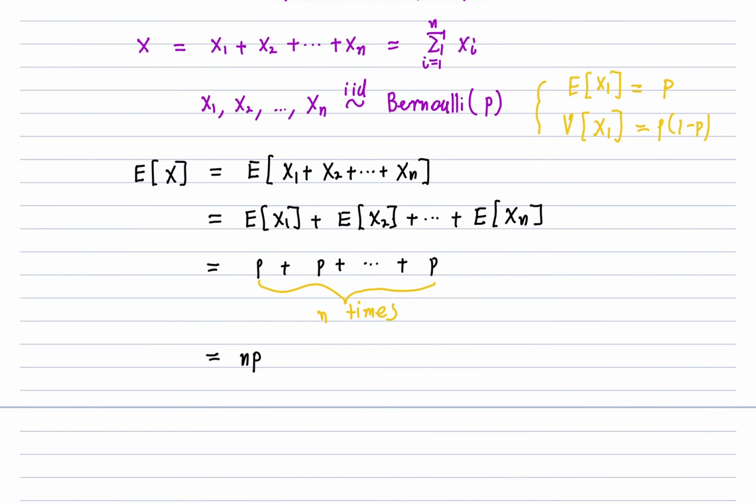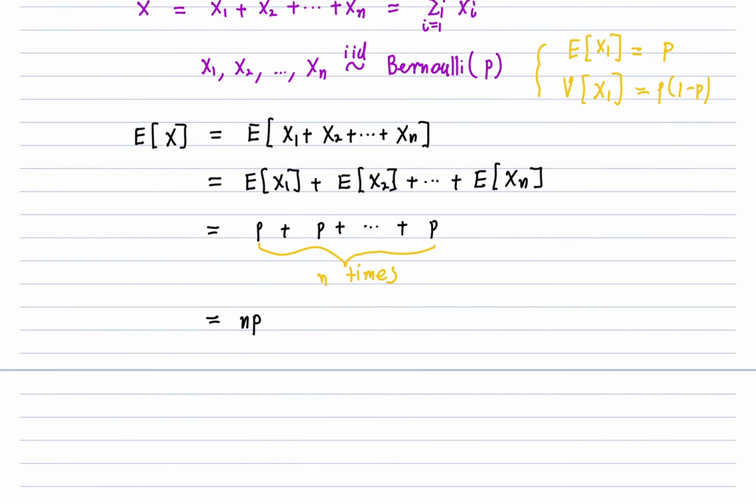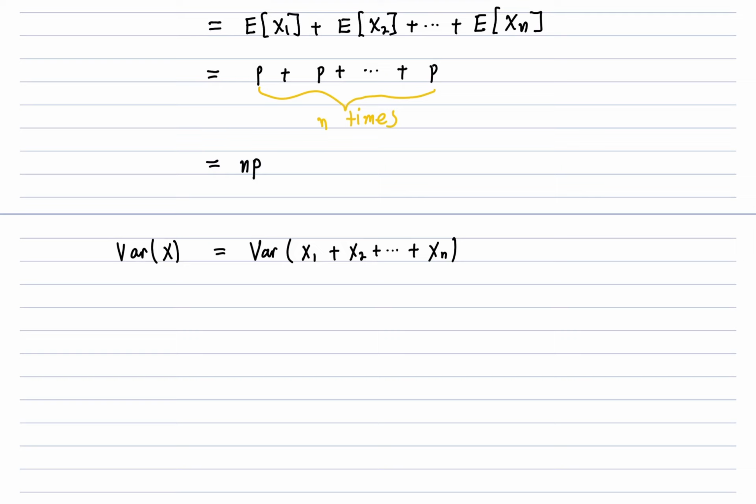We can do something similar for the variance. So the variance of x is equal to the variance, again, of the sum x1 plus x2 plus ... plus xn. Now, because they are independently and identically distributed, the variance of a sum of independent variables is in fact equal to the sum of the variances.